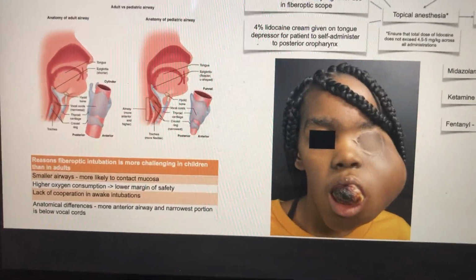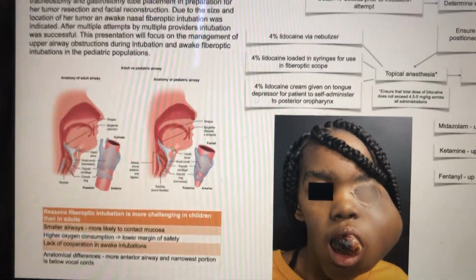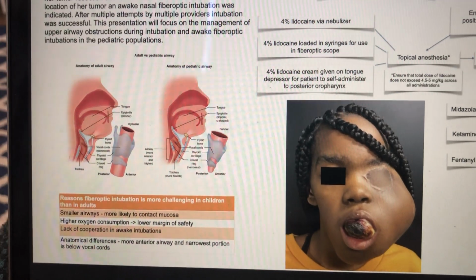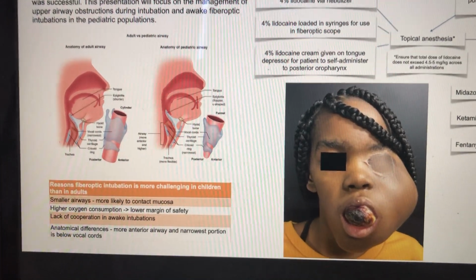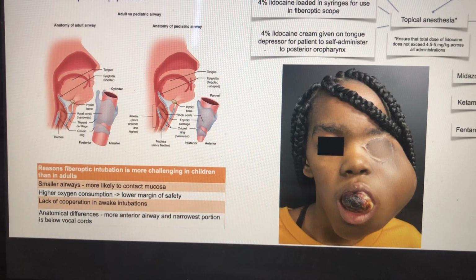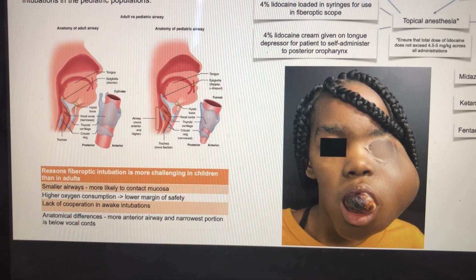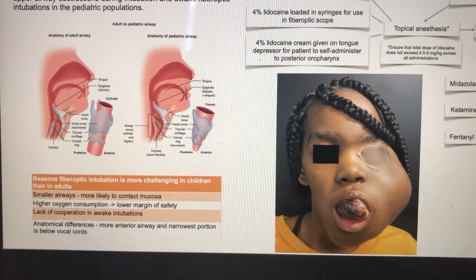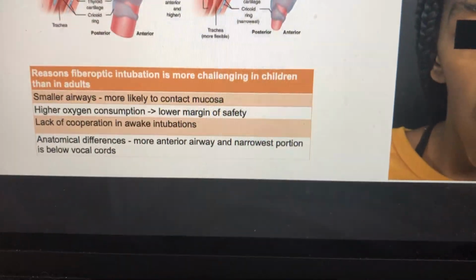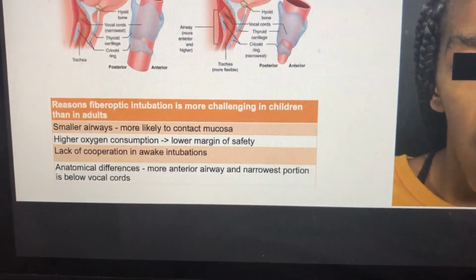So the first thing to note when talking about fiber optic intubations, especially awake fiber optic intubations in children, is the many differences between said intubations in children versus adults. Namely, there are several anatomic differences.